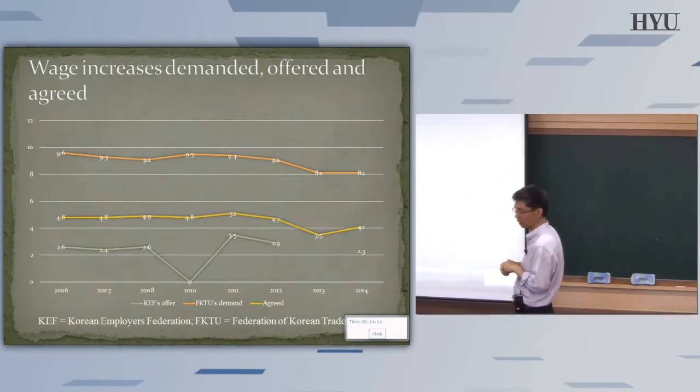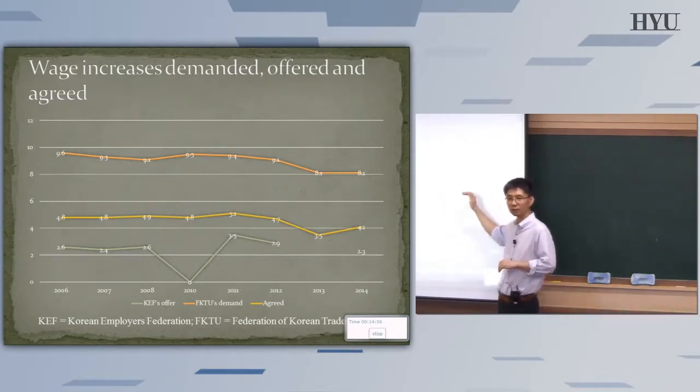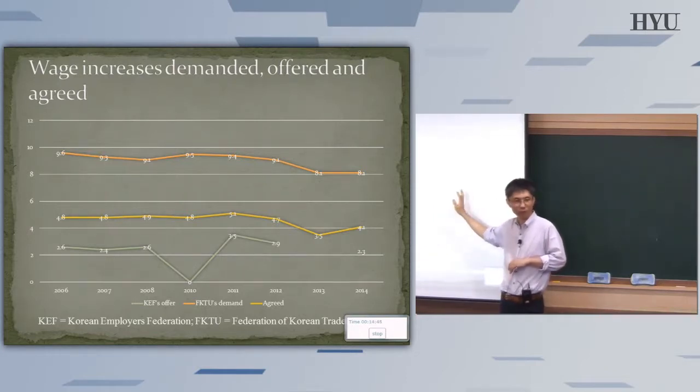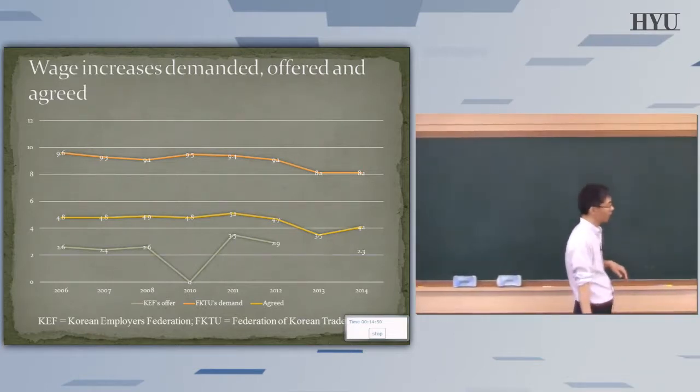And what is the actual outcome? The actual outcome is always around 4 to 5%: 4.8, 4.9, 4.8, 3.5, 4.1. What it shows is that the outcome is pretty much in the middle between what is demanded and what is counter-offered, and it doesn't change much every year. The numbers are a bit different, but not a big difference.